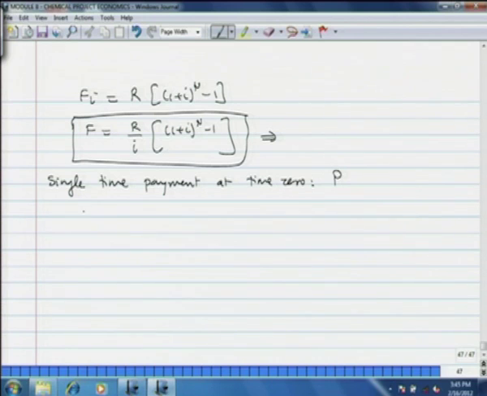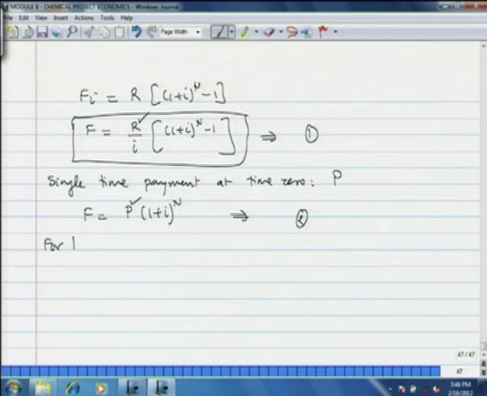Then the final amount F that is accrued is P into (1 plus i) to the power n, as we have already derived. Now, suppose that we want the final amount F to be the same with regular installment and single time installment. Then we have to equate the two expressions.